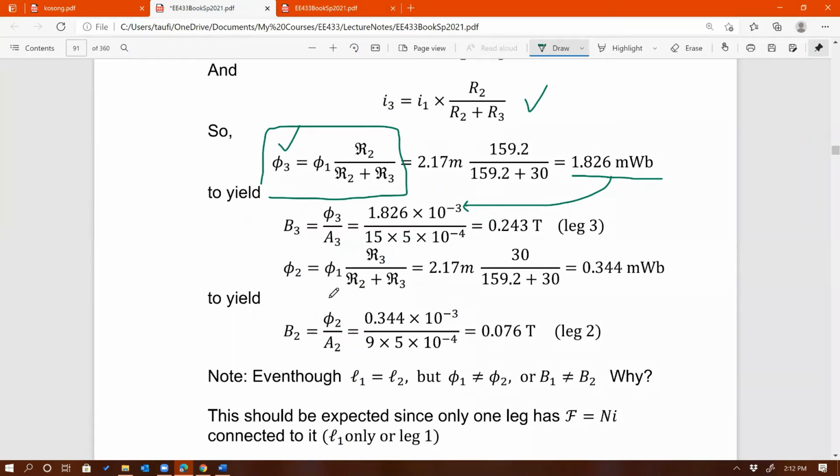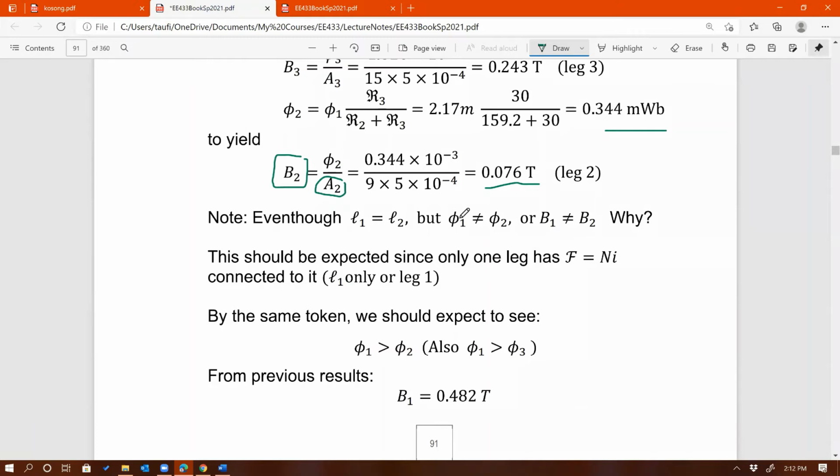Using flux or current division, we get 0.344 milliweber. And then again, the question asks for flux density, so you divide it by the cross-sectional area of the right segment. That gives you 0.076 Tesla. All right.